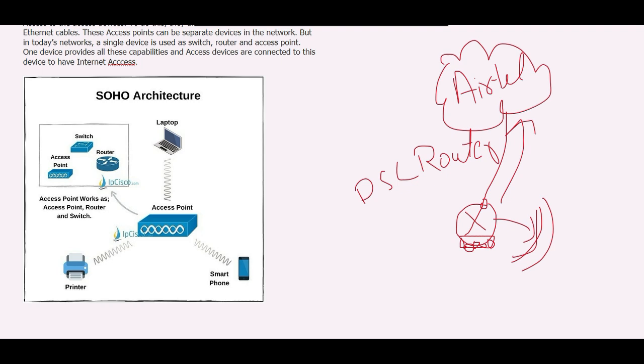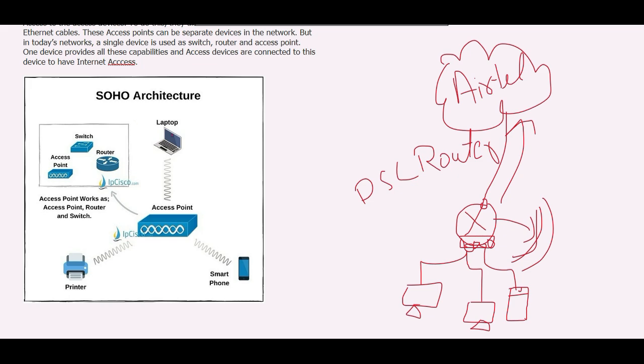It will also provide a 4-port switch, so that if you require, you can connect wired devices like a desktop, a printer, your TV, or your cameras. IP cameras also work on the switch. And it can also provide you access point functionality, so that wireless machines, your phones or other machines, can connect with this, right? So this is the small office and home office architecture.